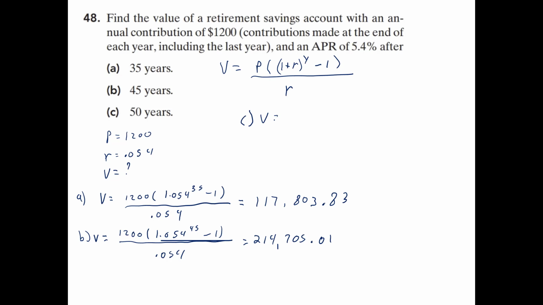All we're changing now is the number of years to 50. So we have $1,200 times 1.054. Now it gets raised to the 50th power, minus 1, all divided by 0.054. Put that into the calculator.